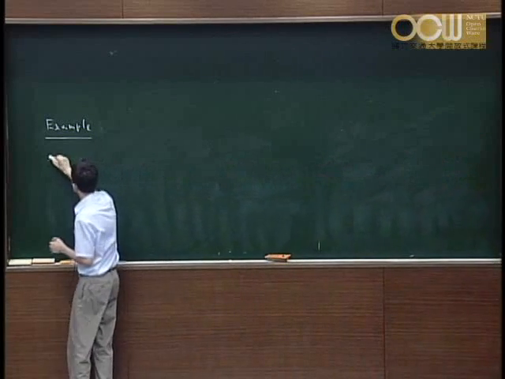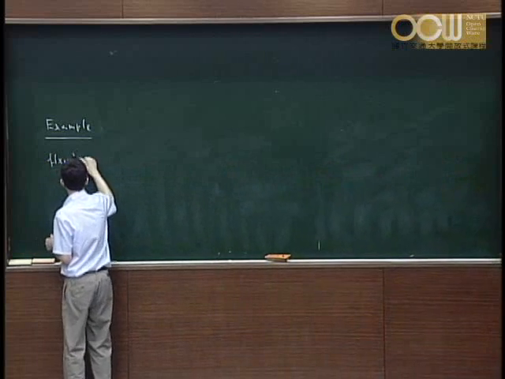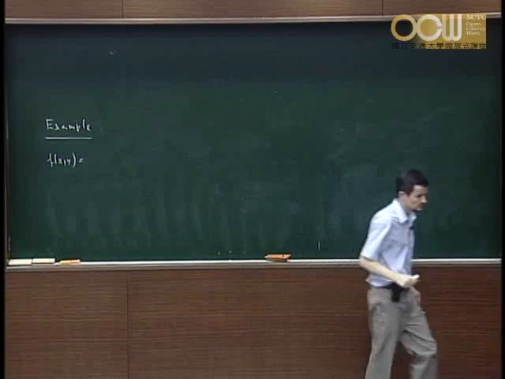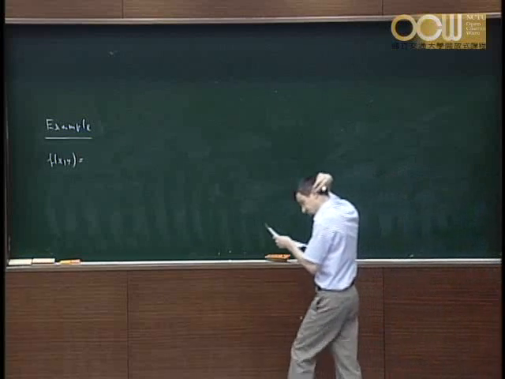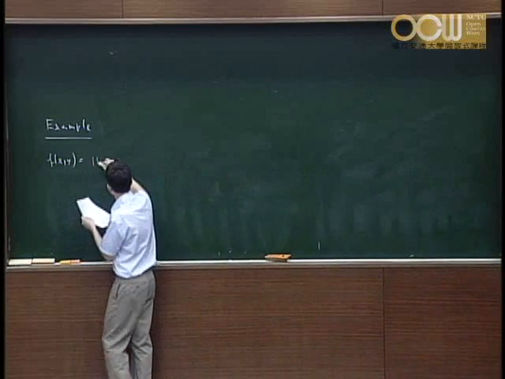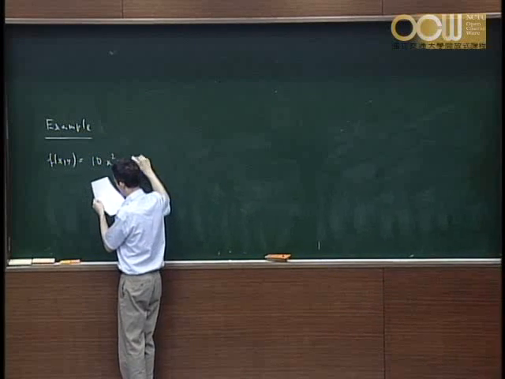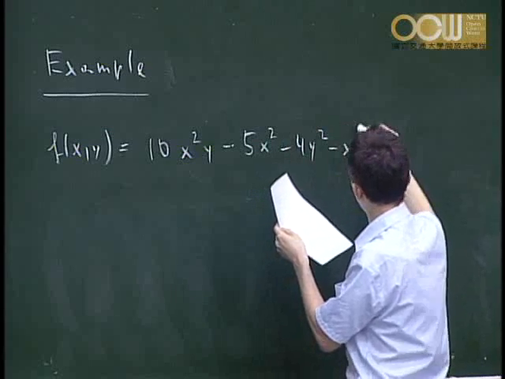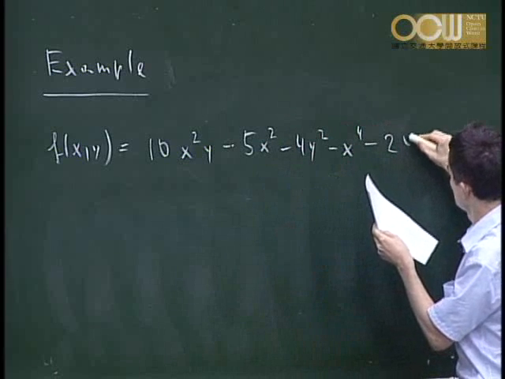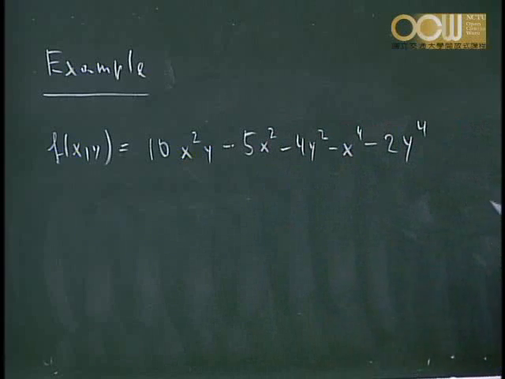Now, this function is more complicated. You have 10x squared y minus 5x squared minus 4y squared minus x to the 4th minus 2y to the 4th. You can find this example in our textbook.